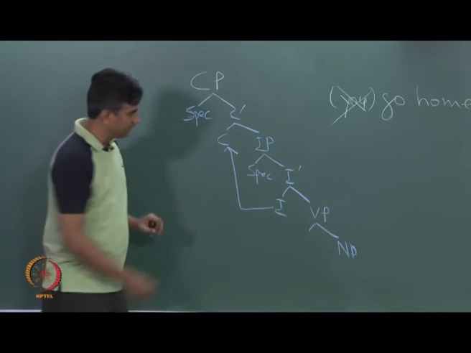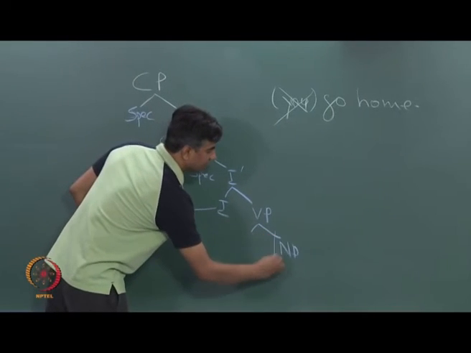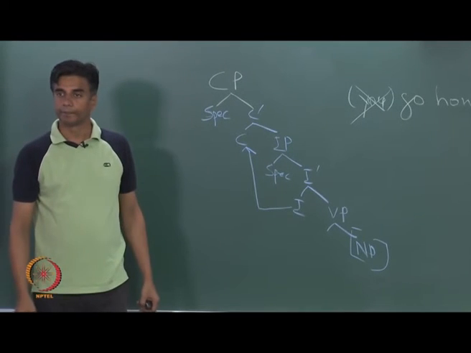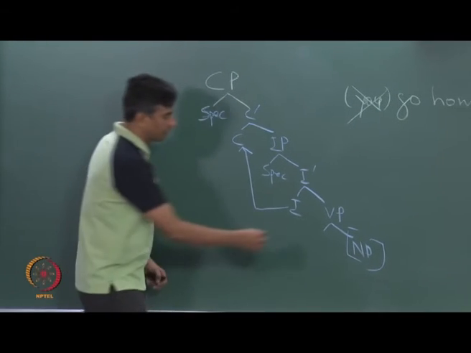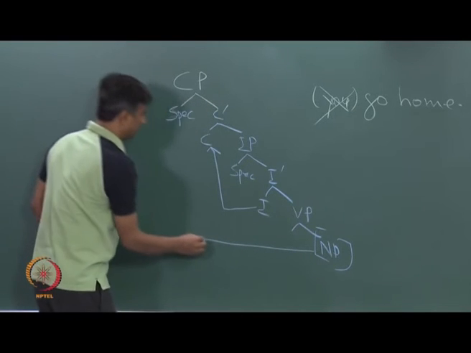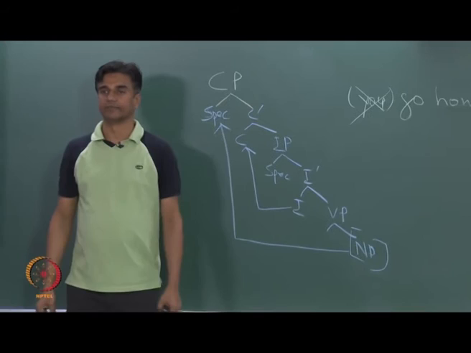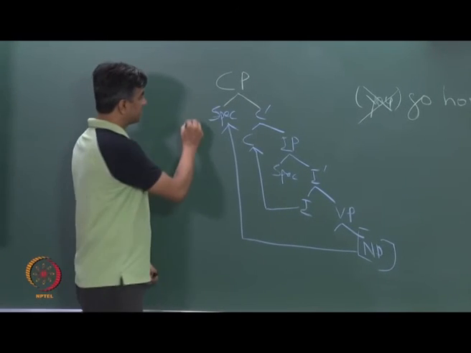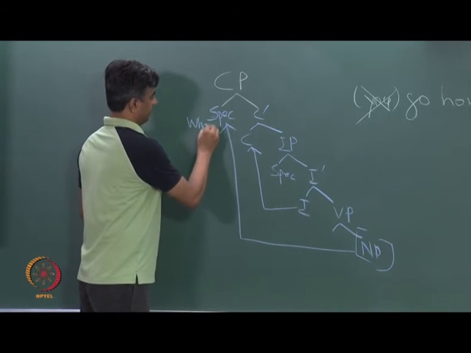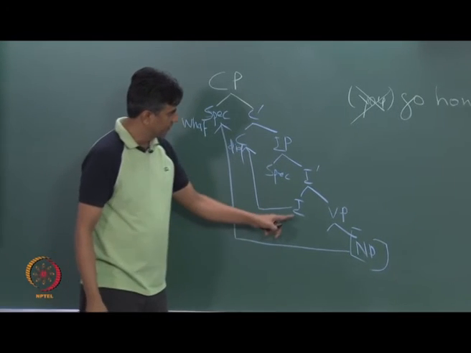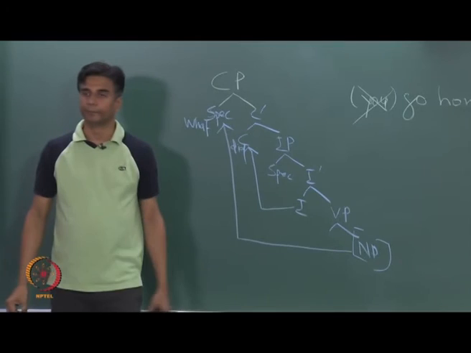Okay? And then when you question this kind of thing, a pen, in a sentence like, what did you buy? We question this NP, and this moves out and goes to the specifier position. And then you have a sentence like, what did you buy?